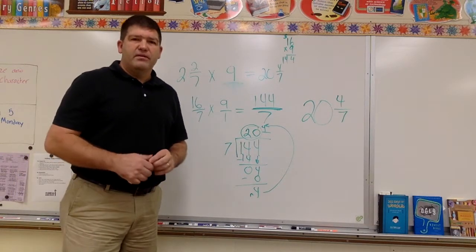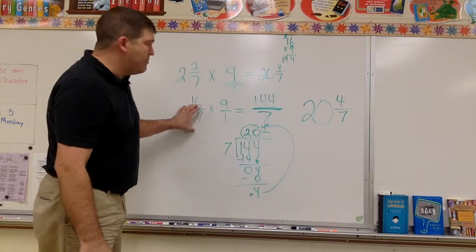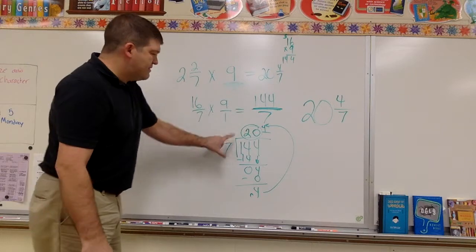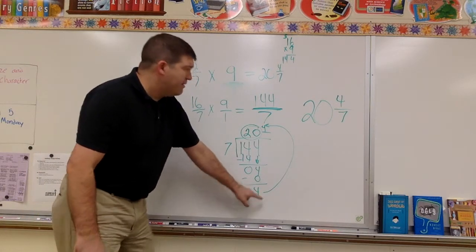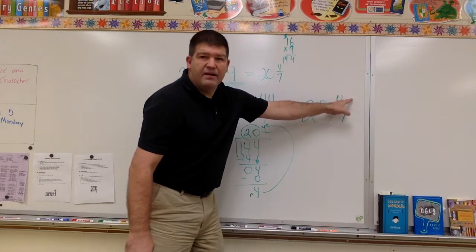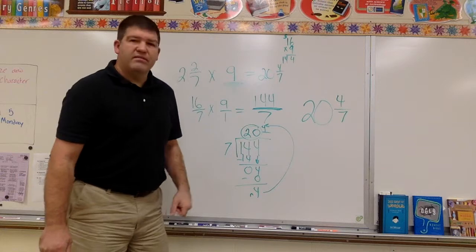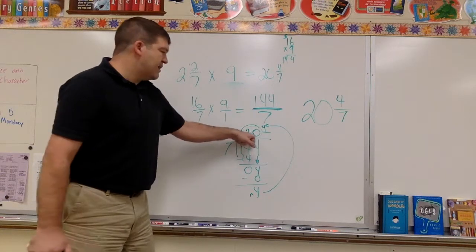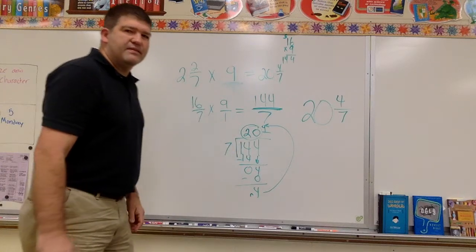Okay? Multiplying fractions. All right, so just be real careful. Remember, and do this, write it out like this. And remember that this remainder goes on top there, and then whatever denominator you start with goes there. And what's sitting on top is your whole numbers. Okay, just a few little things.